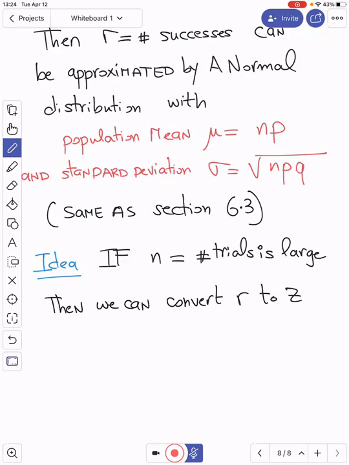The formula would be Z equals R minus mu, the mean, over sigma, the standard deviation. What's the mean?